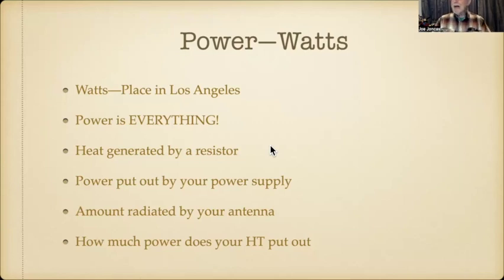Power. I showed you a power supply that's used in amateur radio stations earlier. That's where we get our power from for our amateur stations. The amount of power that is radiated from your antenna is actually a voltage and a current.